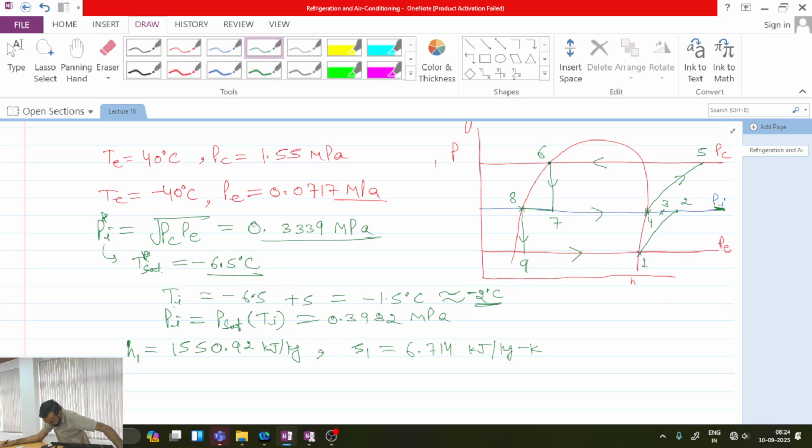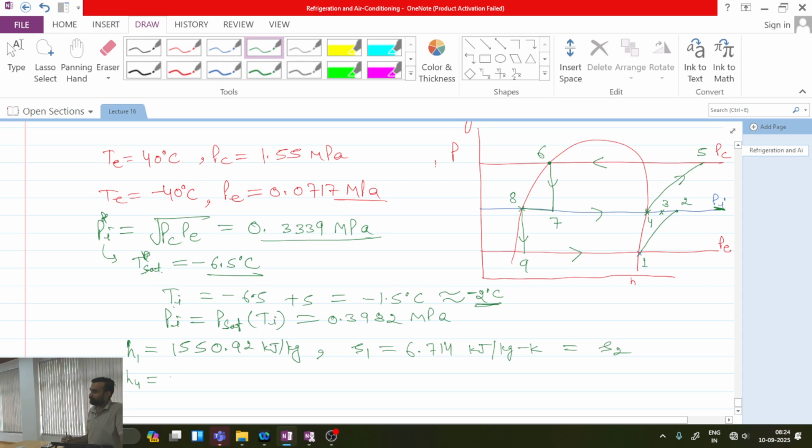Then, what other properties can I easily determine? H2 you can easily determine. S2. Okay, yes. S1 will be equal to S2. Other than that, the property which you can easily determine is H4.